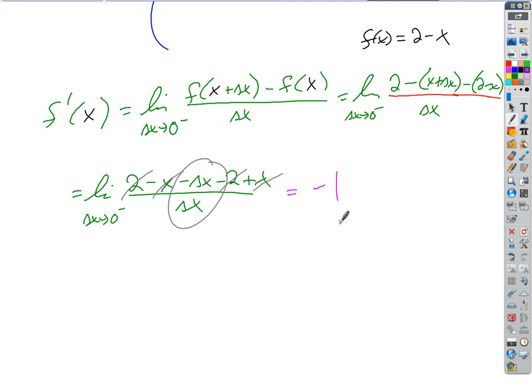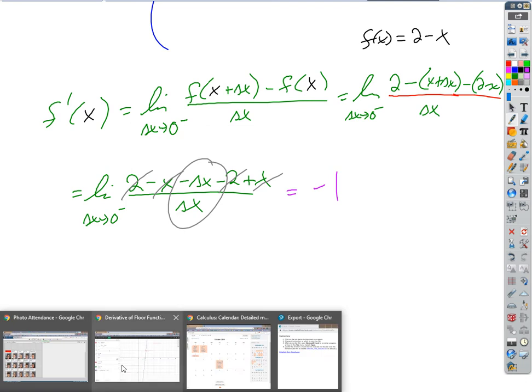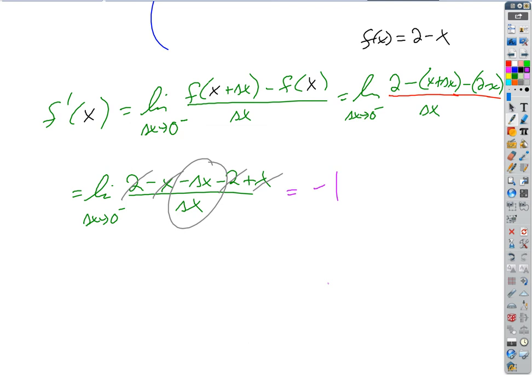If I graph the absolute value of x minus 2, you all know what that looks like.